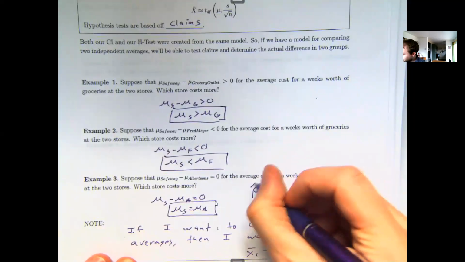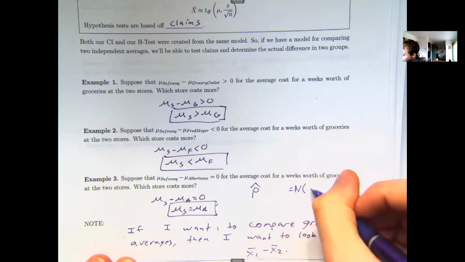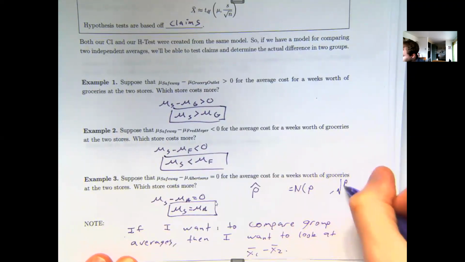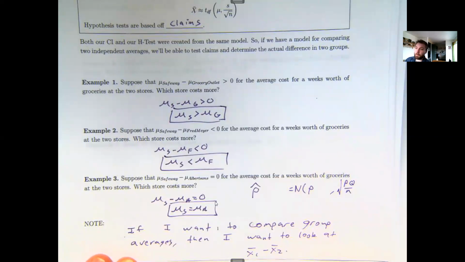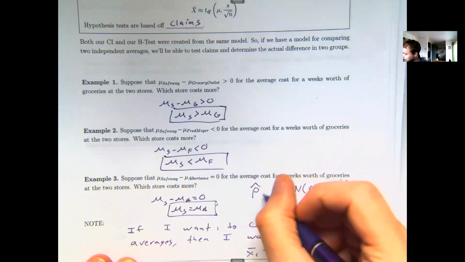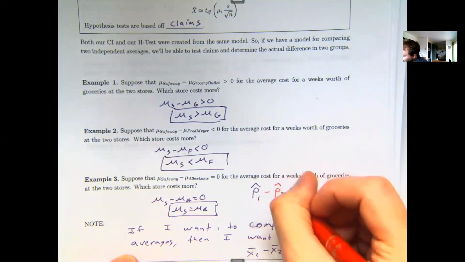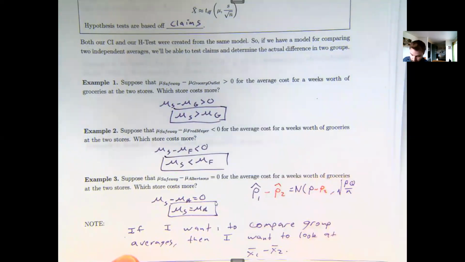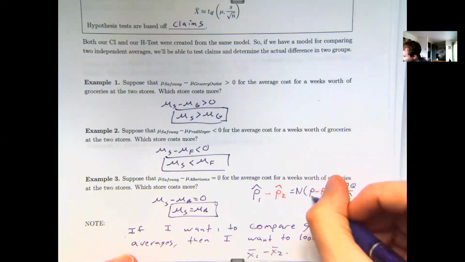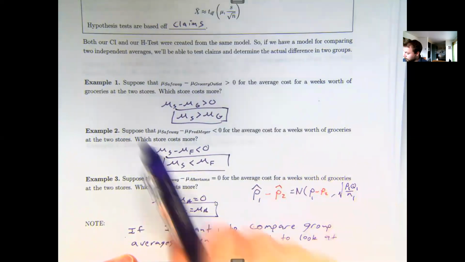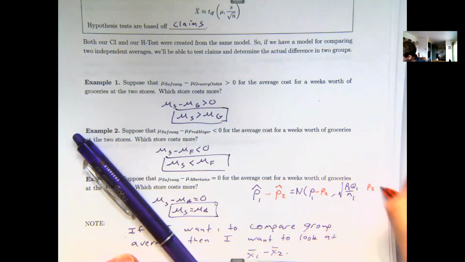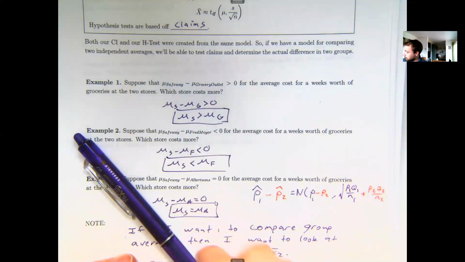For proportions, I essentially had my p-hat model for the first group, and then to compare this to a second group, what I did was subtract the centers, and then for the spreads, I had the spread of the first group, the spread of the second group, and I ended up adding the spreads.